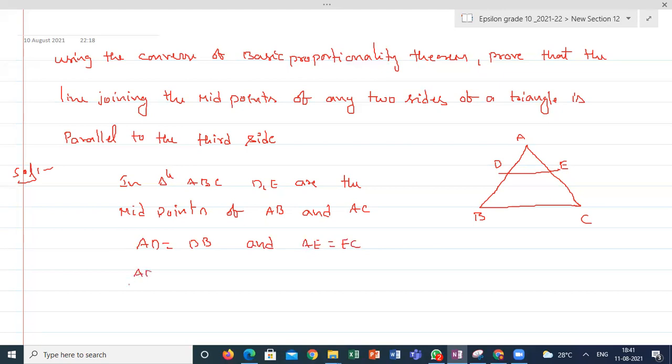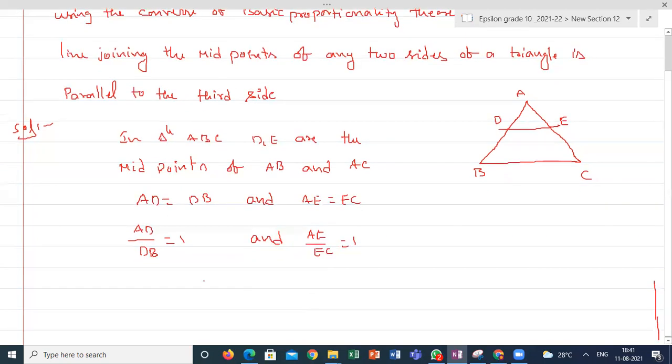So the ratio of AD by DB is equal to 1 and the ratio of AE by EC is equal to 1. So both the ratios are the same. If both the ratios are the same, I can write AD by DB is equal to AE by EC. If these intercept ratios are the same in a triangle, the line dividing these intercepts is parallel to the remaining side.